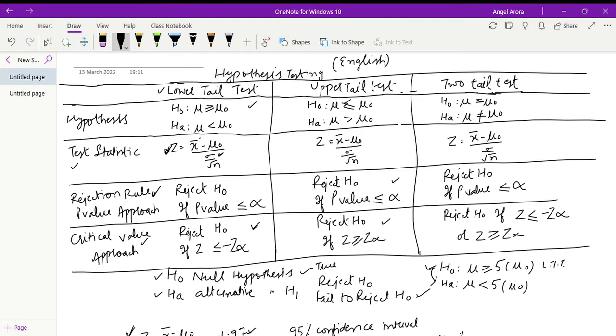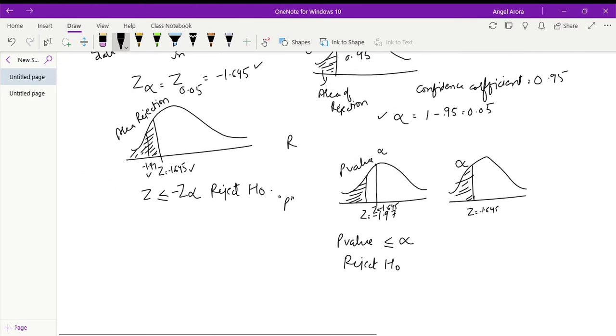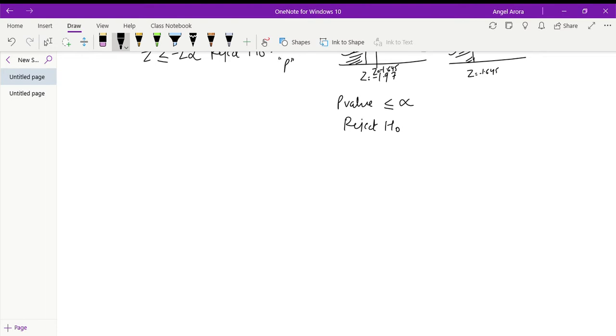For example, if our Z comes out to be positive, for example, Z is 2.5. Okay, this is the value of the test statistic which we found out by applying this formula. So Z is 2.5, so this is positive.